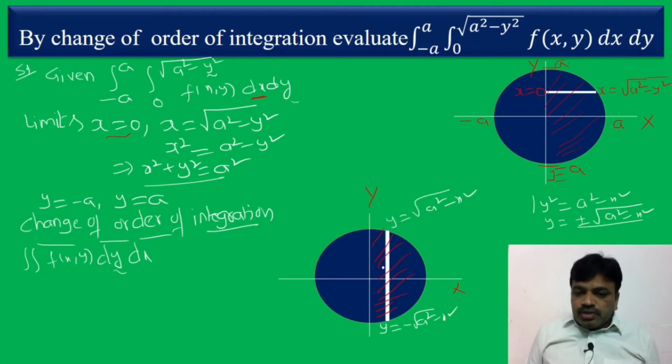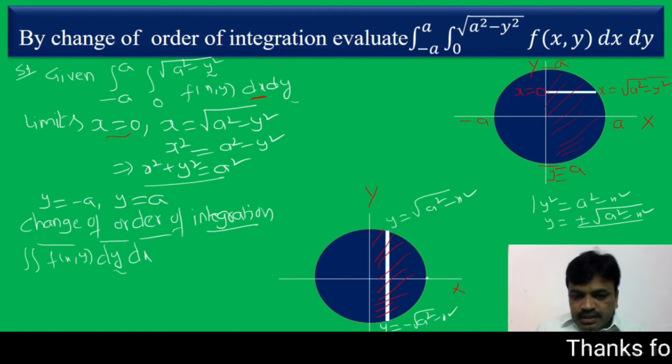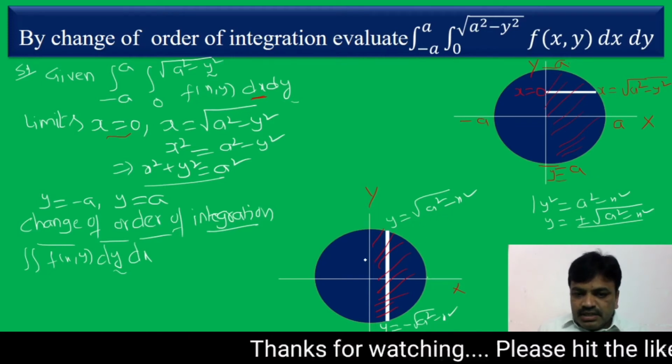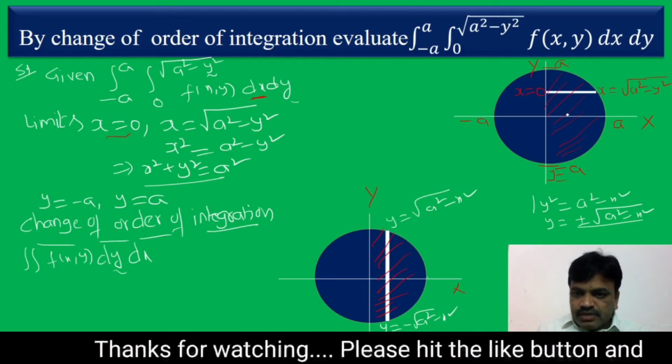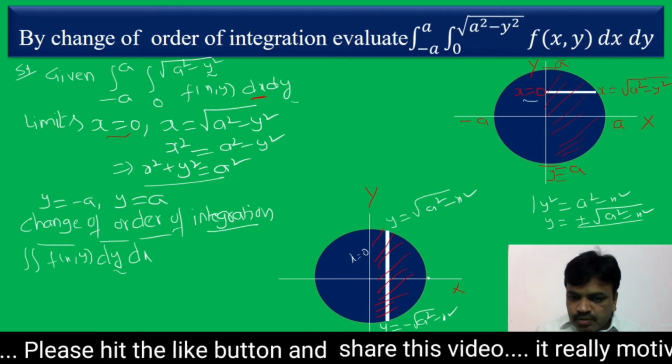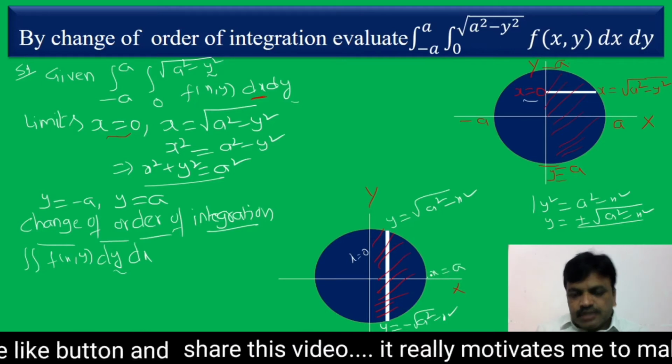Now you move the strip from here up to the point a. First we get the y limits, and then on the x-axis, what is the x value? At that point x is equal to a.